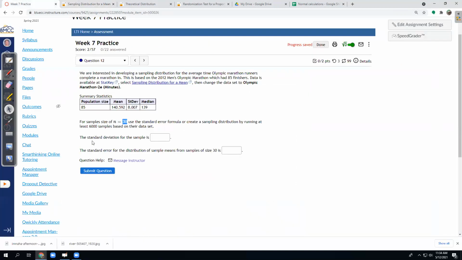So what's the standard deviation for the population? That should say population, a typo. Fix that.